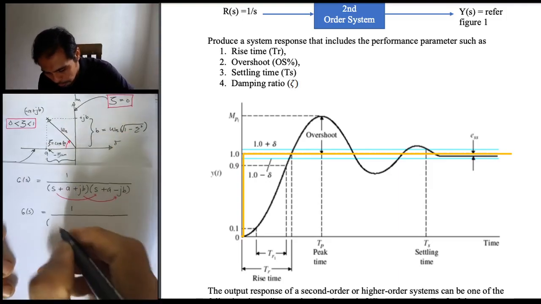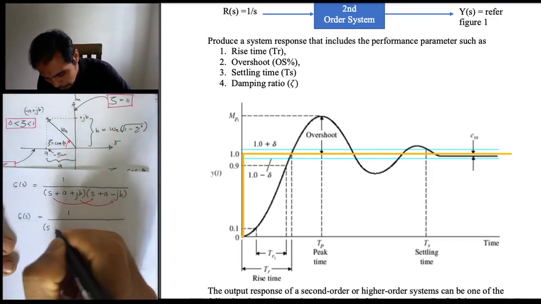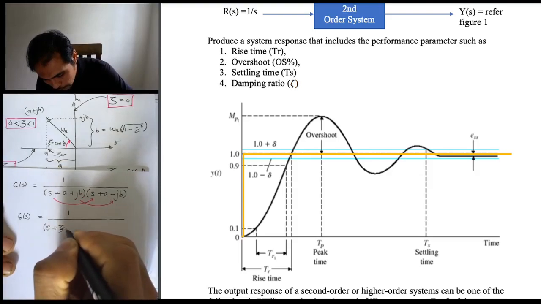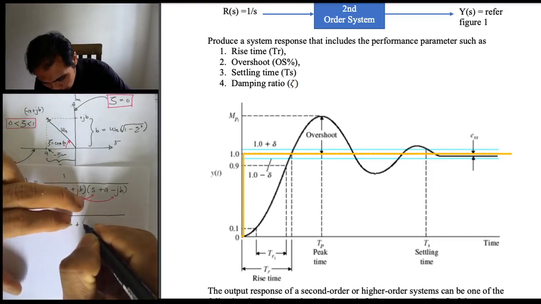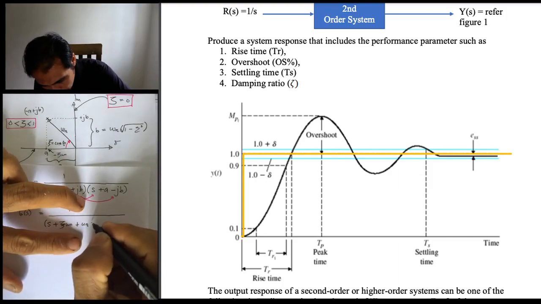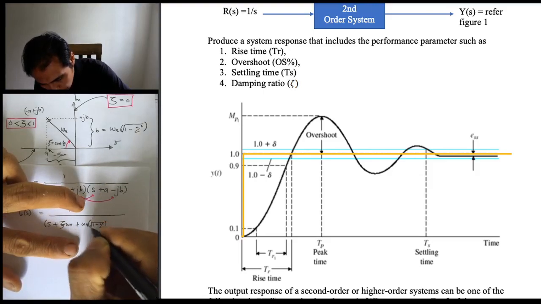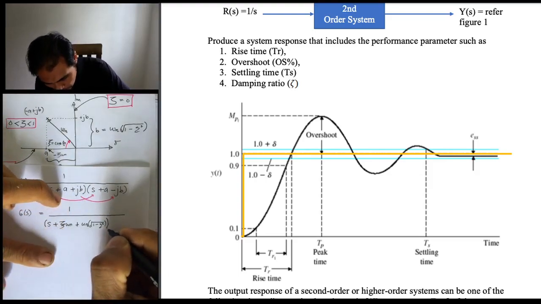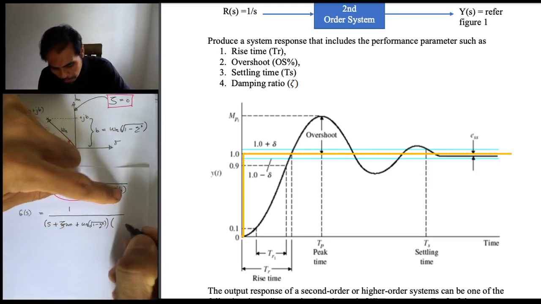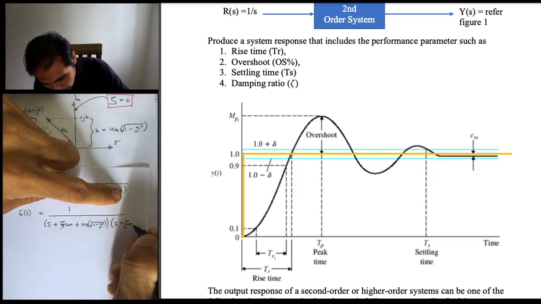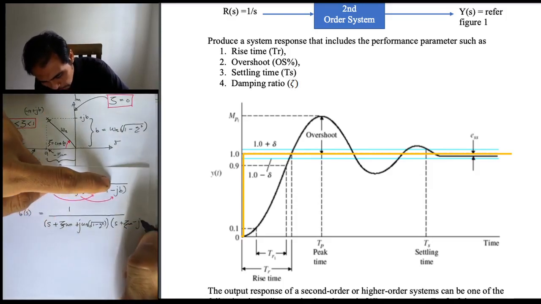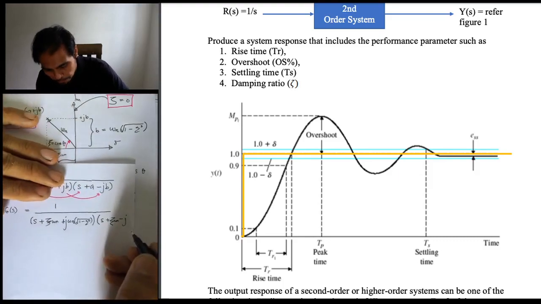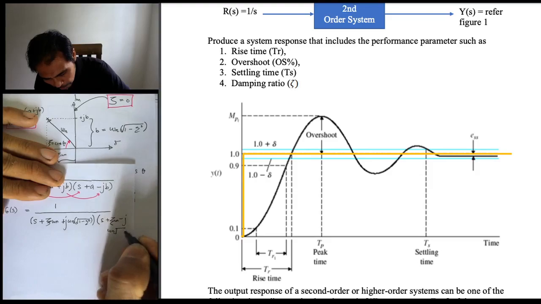Let me put this one first. S plus zeta omega n, which represents A, plus j omega n, which is square root of 1 minus zeta squared. Alright, the same thing, you need to multiply with the same thing here, S plus zeta omega n minus j omega n square root of 1 minus zeta squared.